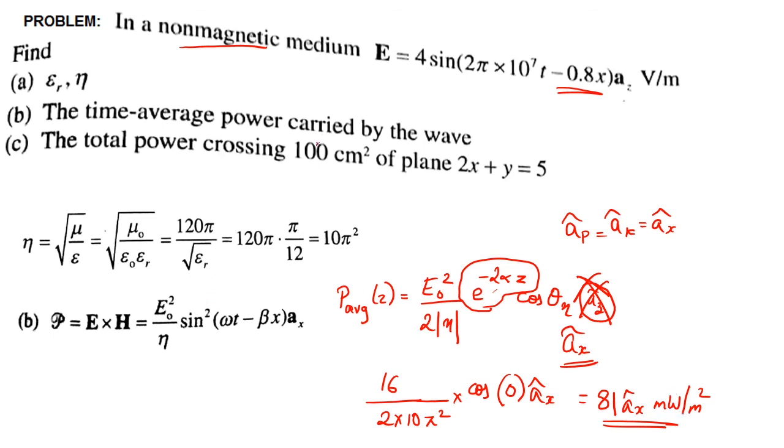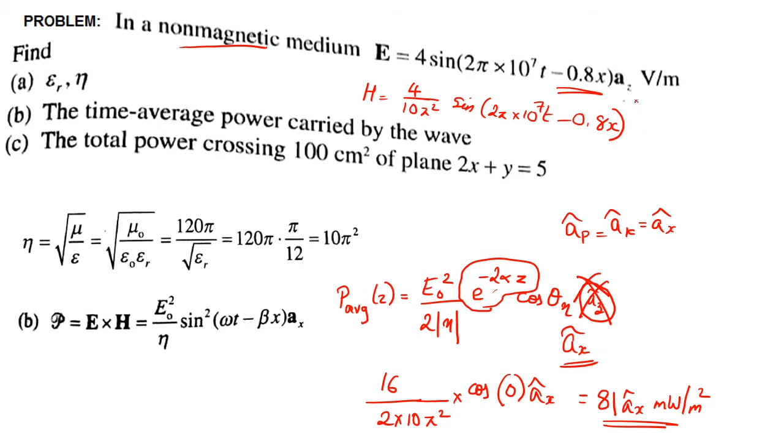Another method is, instead of using this equation directly, you have the equation for E, and now you can write the equation for H from this. Here you can write H as 4 divided by 10 pi square, so you will get E0 by eta, the magnitude H naught. Then the rest you write like this: sine 2 pi into 10 raised to 7t minus 0.8x, minus theta eta. Here theta eta is 0.